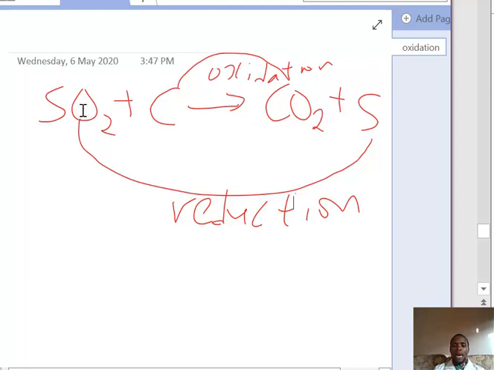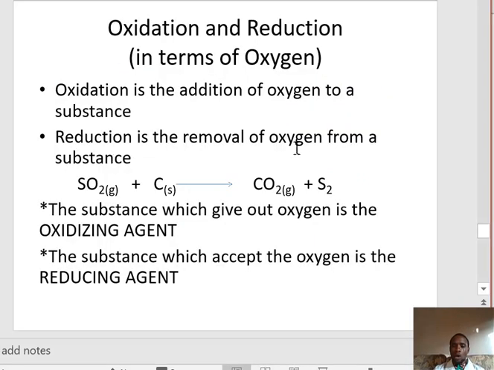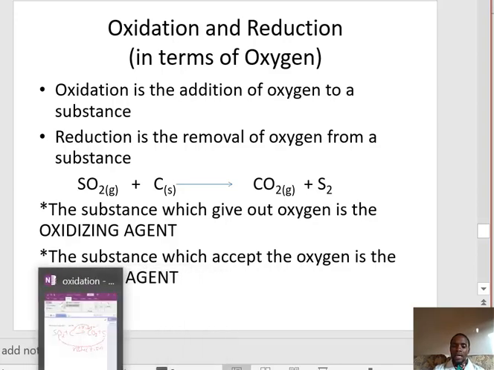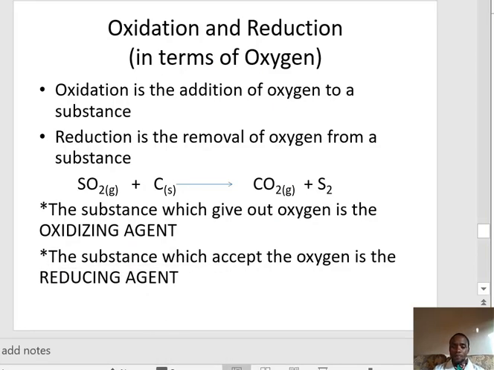Now SO2 here, sulfur(IV) oxide, has turned to sulfur, meaning oxygen has been removed. Here sulfur is with oxygen, here sulfur is without oxygen. And we said that reduction is the removal of oxygen from a substance. So oxygen has been removed.